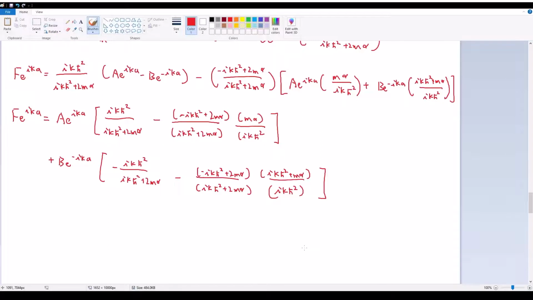Okay. I'm just going to take this as a chance to get rid of the e to the ika in front of f. So this is going to give me a multiplied by, let's see, multiply everything by ik h bar squared.